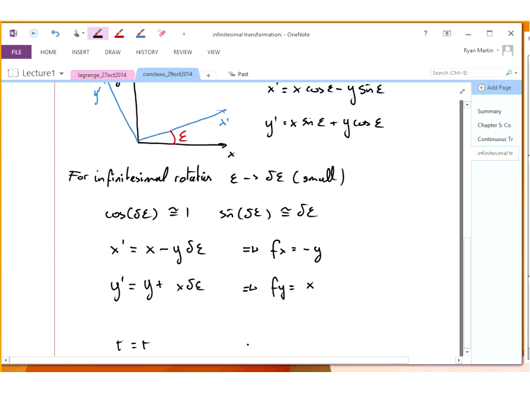Of course, in a rotation, z prime is equal to z, and t prime is equal to t. So we find that fz equals 0, and g equals 0 as well. Okay. So that's how you find these f and g coefficients for infinitesimal transformations.